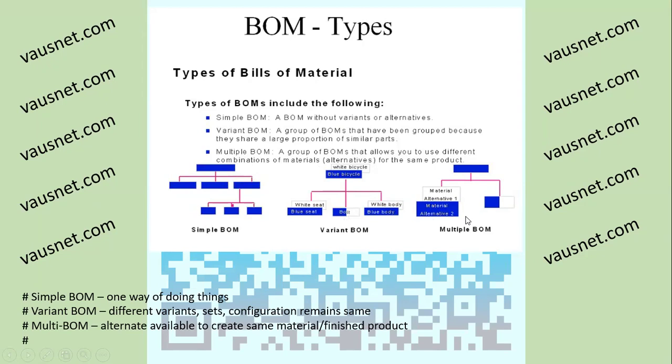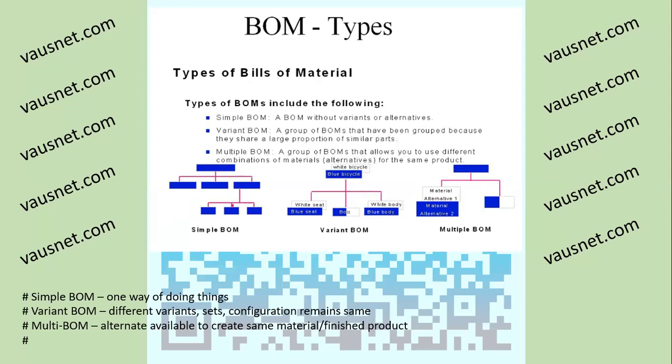Variant BOM and multiple BOM. Now, what is multiple BOM and what is variant BOM? I'll first explain what is multiple BOM. For example, you're making the same pen. For your local market, the pen quality will be different than for the American market. I mean, it happens, right?